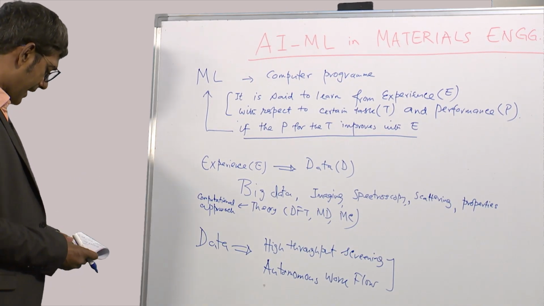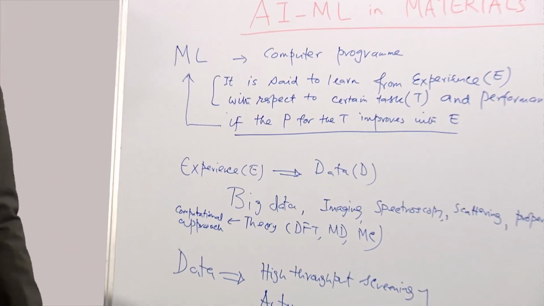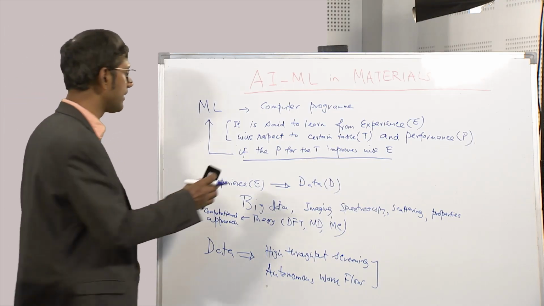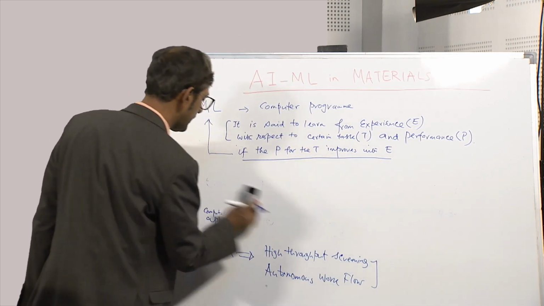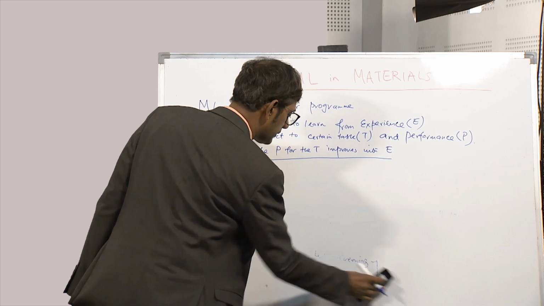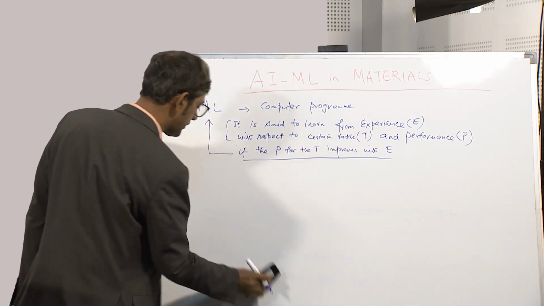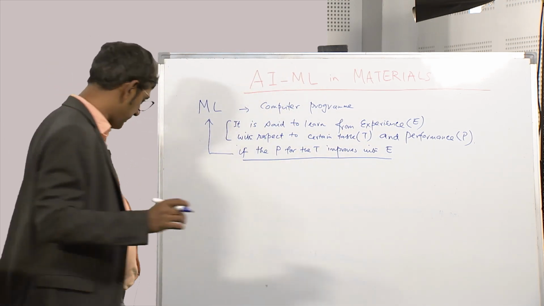Okay. And in material science, what are we interested in? We are interested in many things. We are interested in design of materials, discovery of new materials, design of processes, many things.